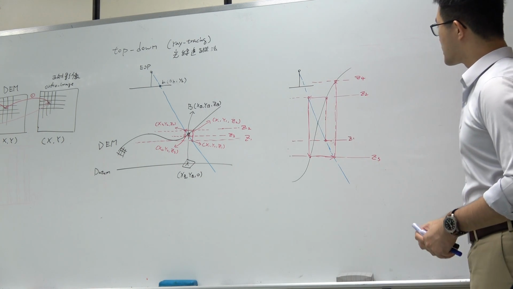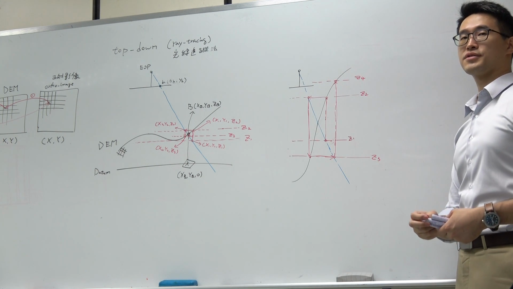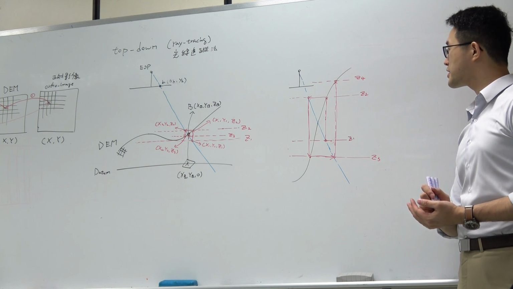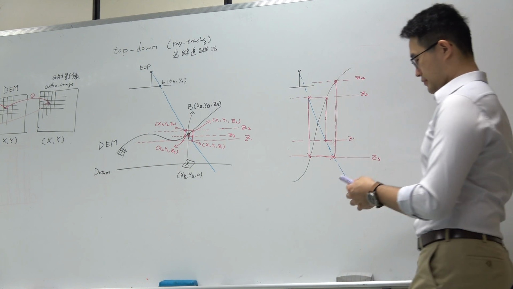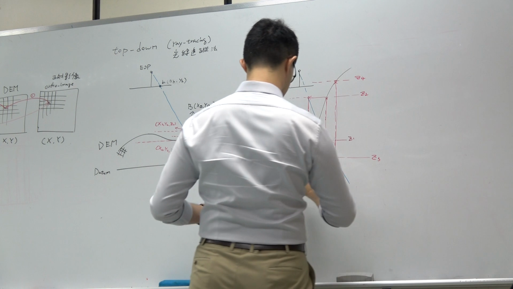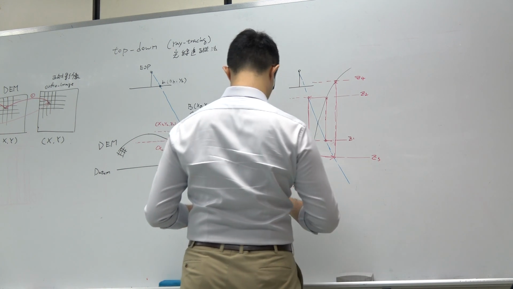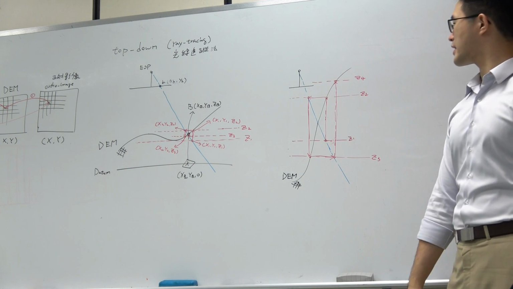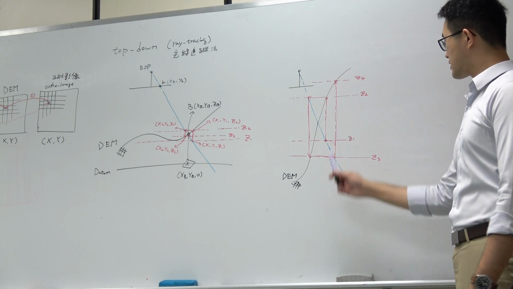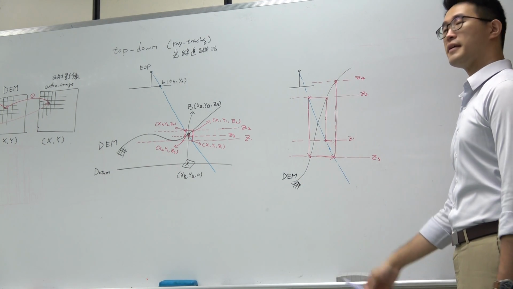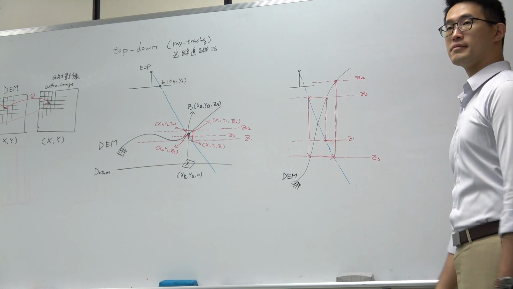So the ray tracing actually has a limitation, which is if your terrain is too steep, then it won't converge.